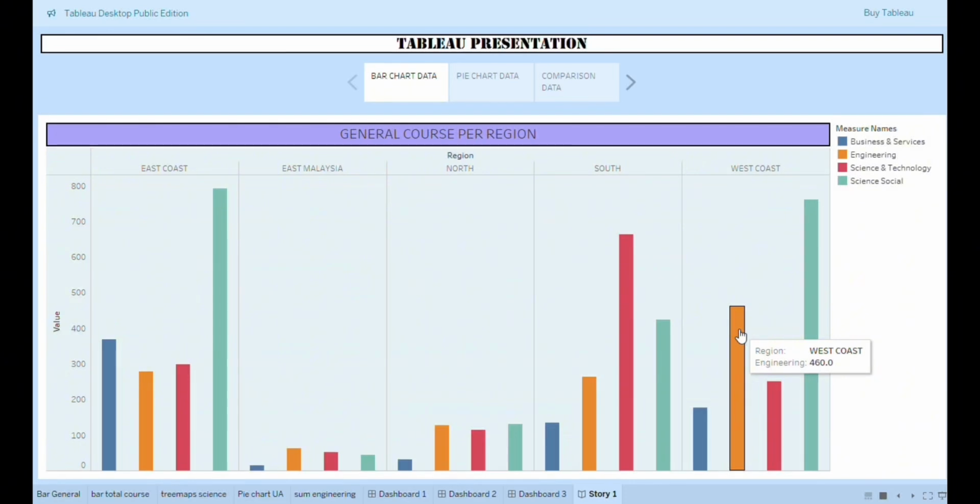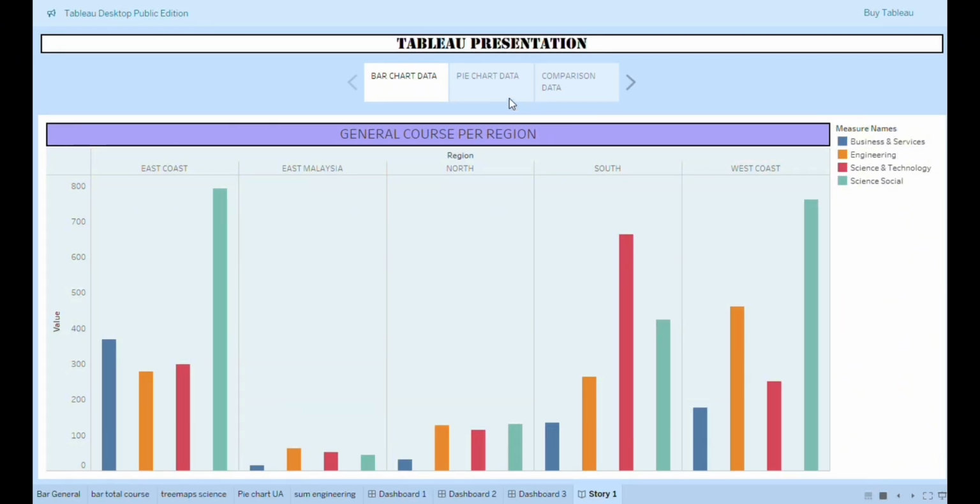Engineering is highest at West Coast with 416. Science and technology is highest at the South with 663, while science social is not much different between East Coast and West Coast, where East Coast is 791 and West Coast is 760. Overall, courses involving science are most popular, especially in East and West Coast.